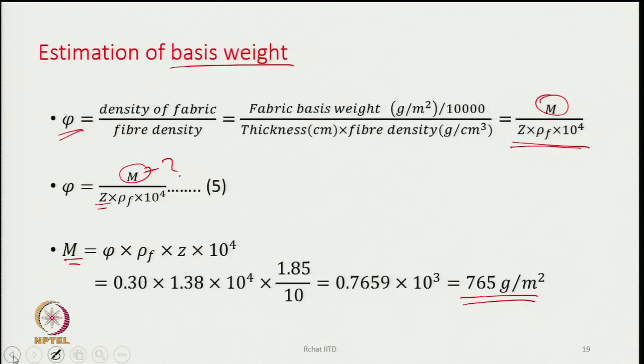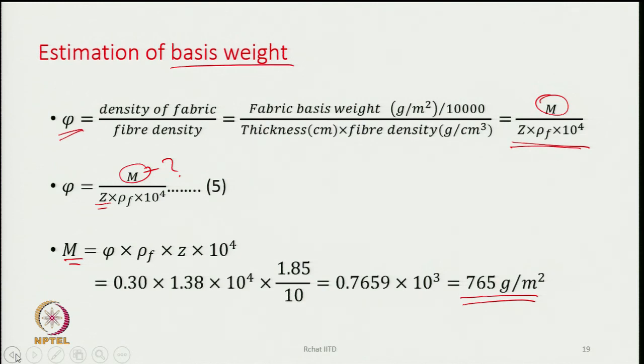The only assumption here was the fiber. We had to initially start with some assumed value of fiber, and we can make an Excel table and take different values of fiber, keeping other parameters constant, and generate a table: if this is the fiber diameter or linear density I choose, these are the values I get.